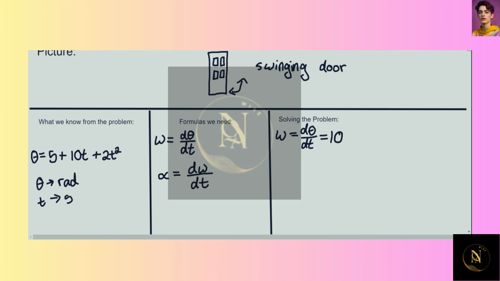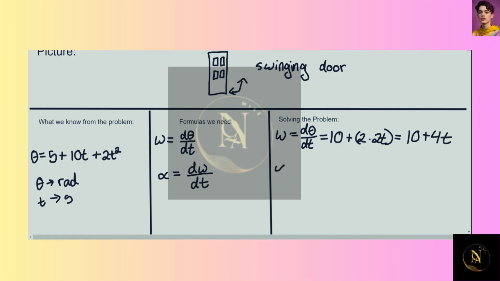So we'll get t to the 0, which would be 1. And then finally we get plus 2 times 2t, for a final equation of 10 plus 4t equals omega. So that's our first equation we need to find through the derivative.